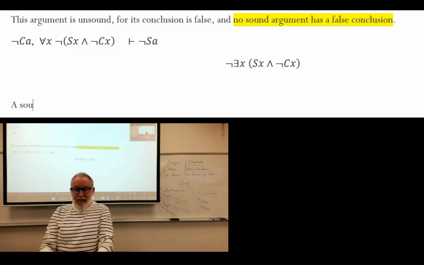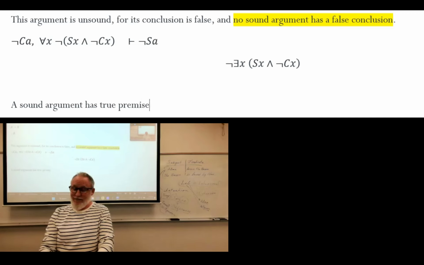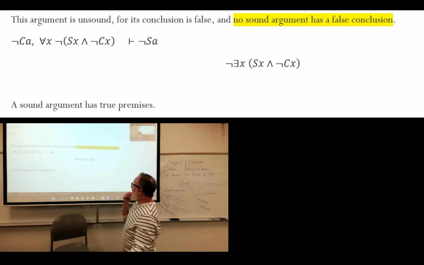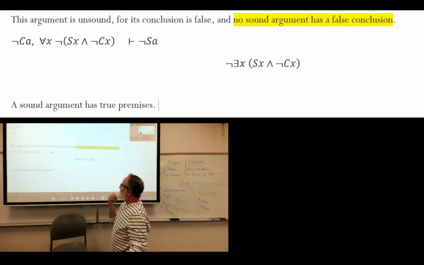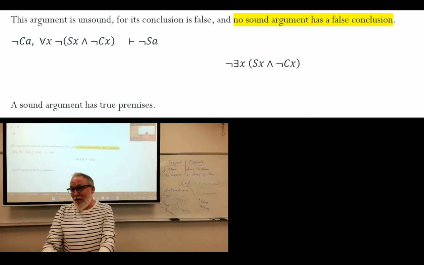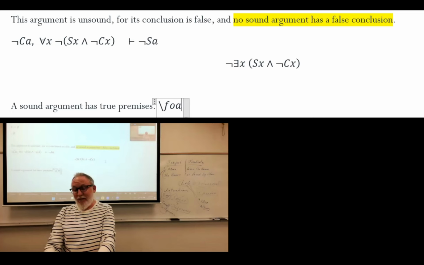So like if we say a sound argument has true premises. Because that's all sound arguments have true premises. Yeah. But this is not there exists a sound argument that has true premises. This actually has to be universal. Has to be universal.